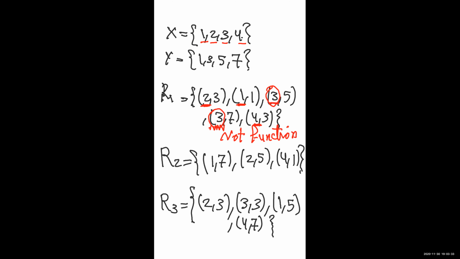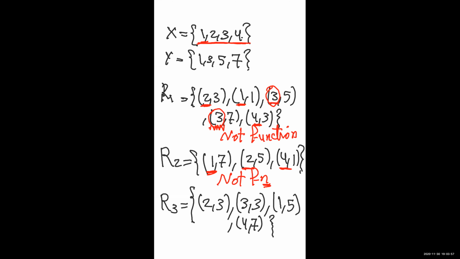Second relation: 1, 2, 4. Here X is 1, 2, 3, 4, so 3 did not appear as a first projection. So this also is not a function, right?